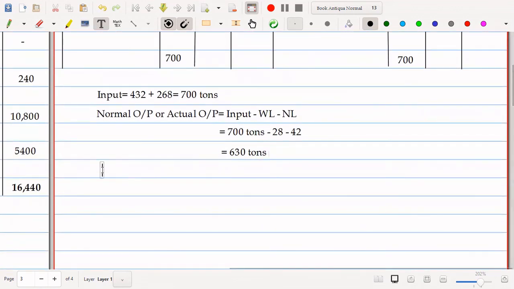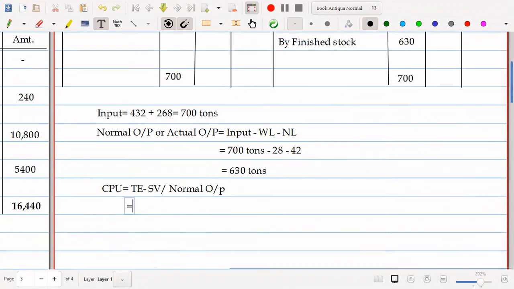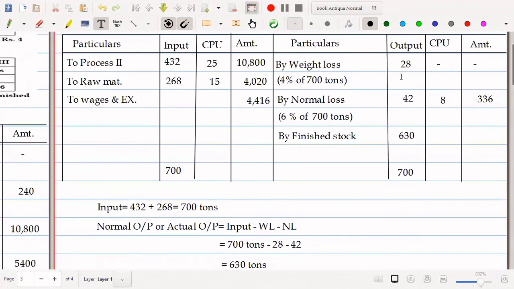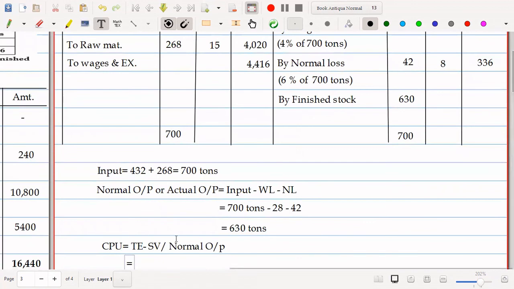Now let's calculate CPU. CPU is equal to total expenses minus scrap value divided by normal output. Let's see the total expenses. When we total this, it comes to 19,236, and scrap value is 336.